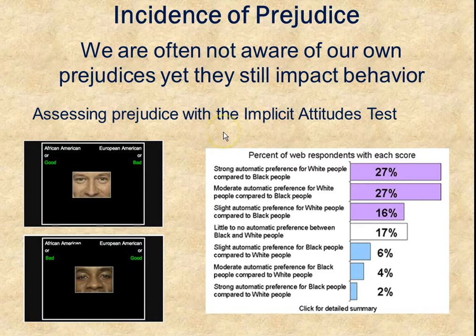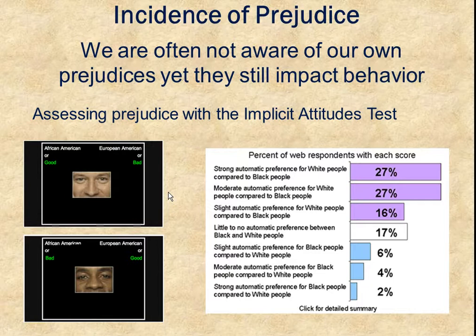And one of the videos that I have set up for you to watch is, I think, a Dateline program that shows the implicit attitudes test being conducted with both white Americans and black Americans. And they are looking at white and black preferences that people hold. So I encourage you to watch that video.